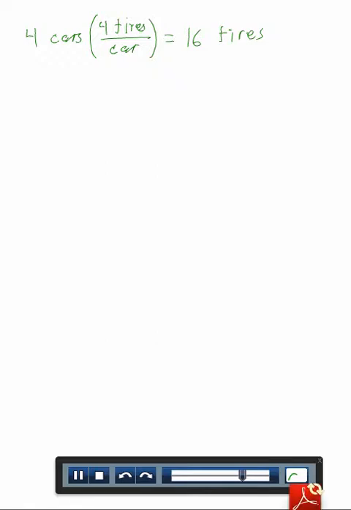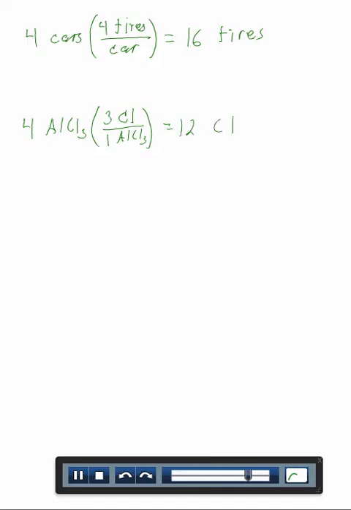If you have 1 aluminum chloride, you would have 3 chlorines attached to that molecule. So for every 1 aluminum chloride, you would have 3 chlorines. So if you have 4 aluminum chloride molecules, you would have 3 chlorines per every molecule. So that would be 12 chlorine atoms.